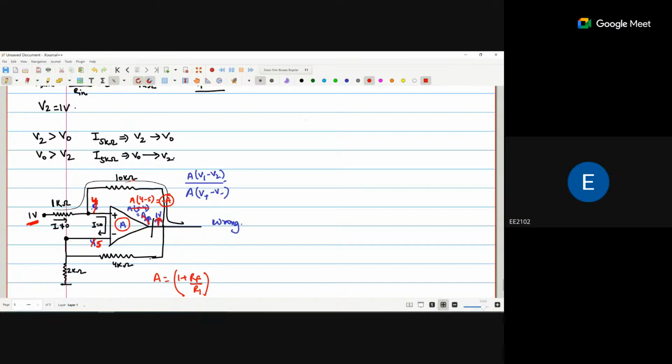Now we apply the positive and negative terminals, so we have to set the values of the resistances so that my negative terminal voltage is always higher than the positive terminal voltage, otherwise my feedback is a positive feedback, and in positive feedback the solving method is completely different.